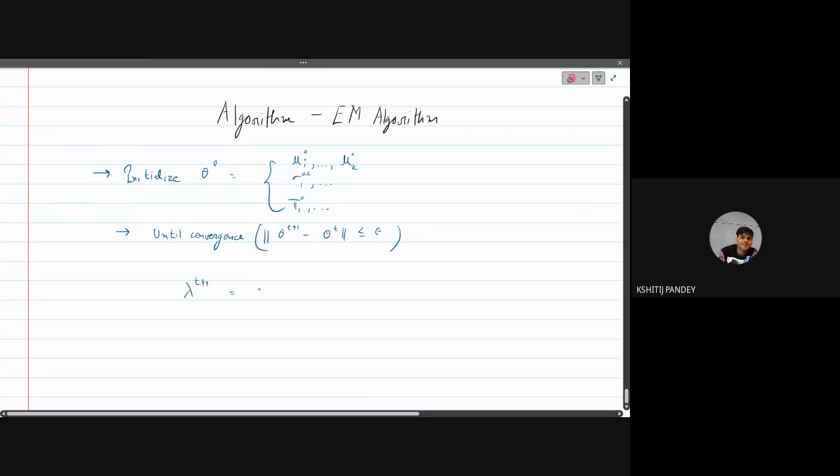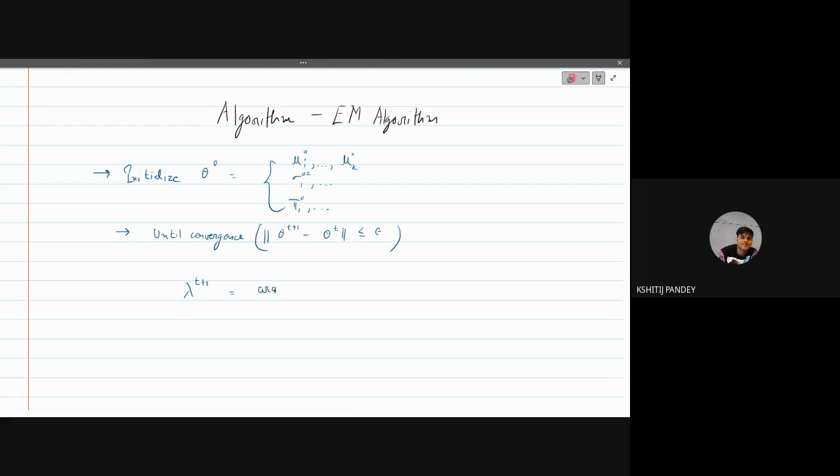As discussed above, you find the value of lambda once you have fixed the value of theta. So we find the maximizer of the modified log likelihood, which has theta of the tth iteration, and the lambda we get will be of the t plus 1th iteration.